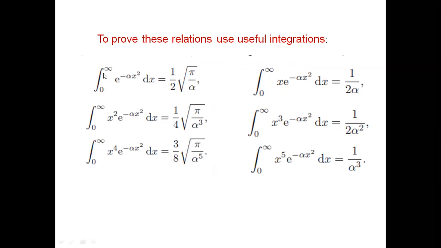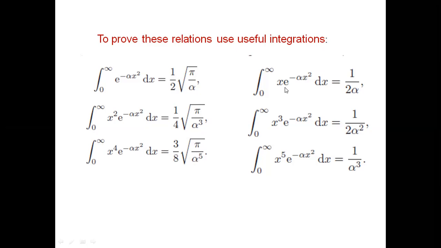The integral from 0 to infinity of e to the minus alpha x squared dx equals one half the square root of pi over alpha. And the integral from 0 to infinity of x squared e to the minus alpha x squared dx equals one quarter the square root of pi over alpha cubed. And the integral from 0 to infinity of x to the power 4 e to the minus alpha x squared dx equals 3 over 8 the square root of pi over alpha to the power 5.